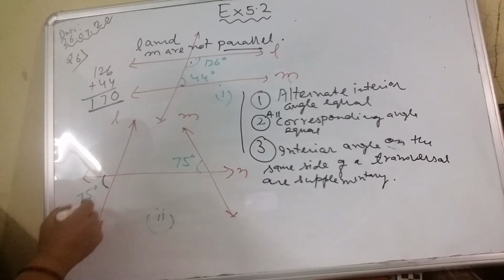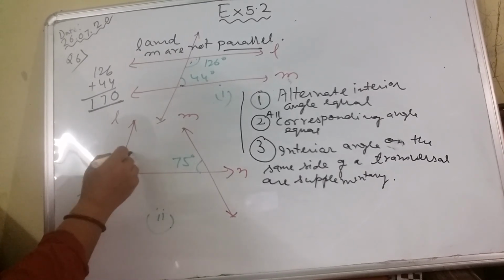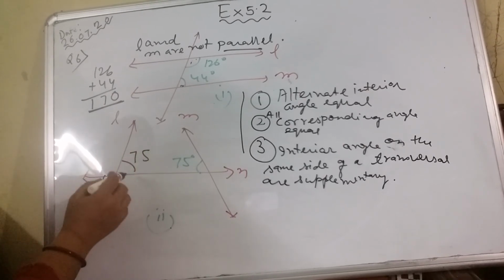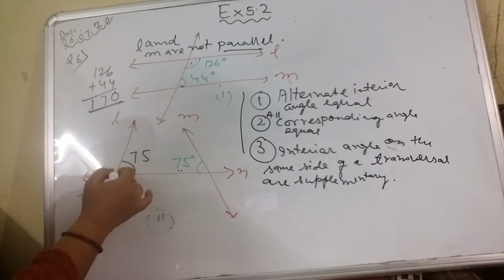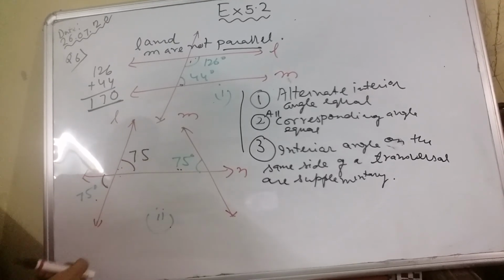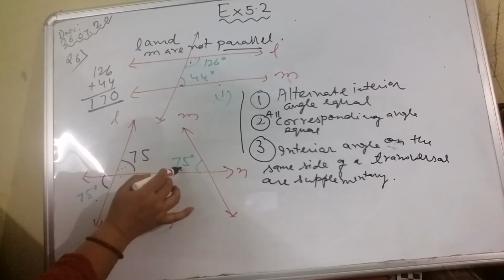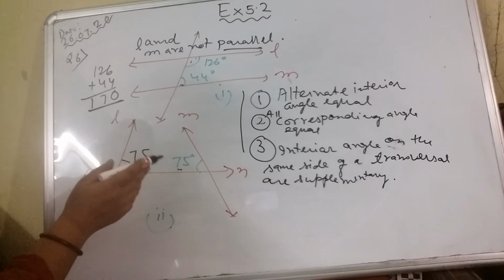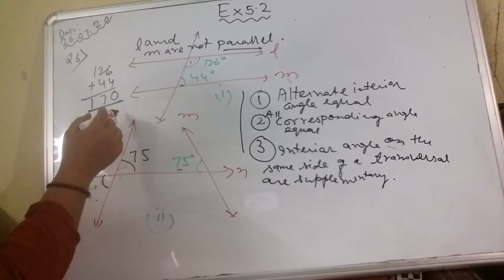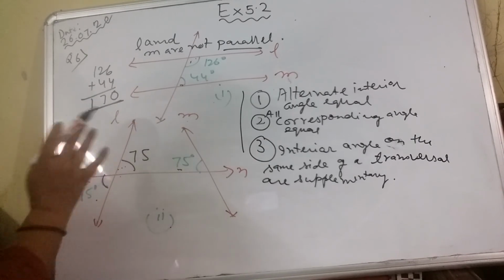This angle is 75 degrees, so this will be 75 degrees too. These two angles are interior angles lying on the same side of the transversal. If I add them and it becomes 180, then they are supplementary, and you can call these lines L and M parallel.